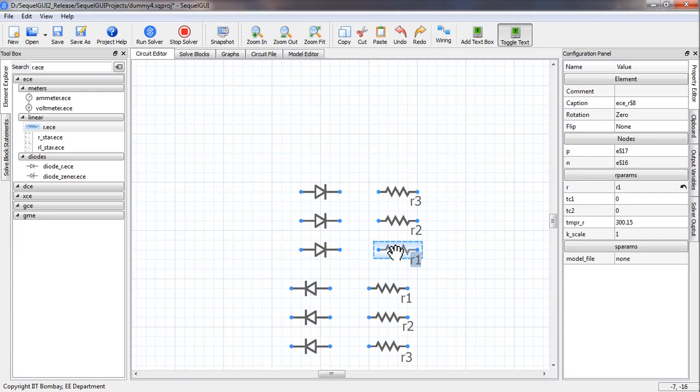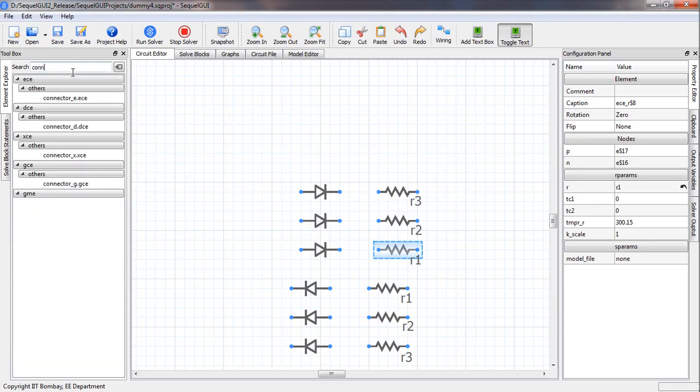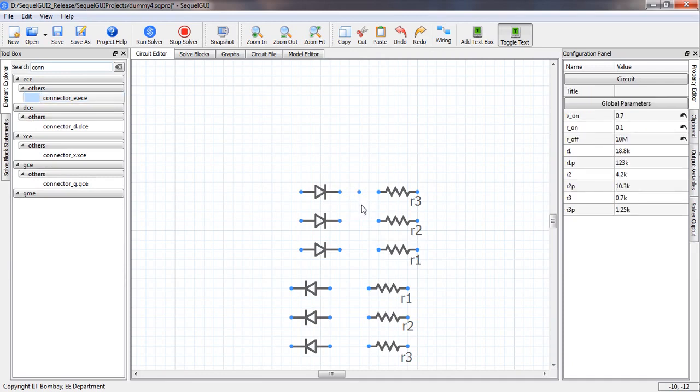Alright, now for the wiring, it turns out to be very convenient to use this element called connector underscore E to indicate electrical connector, and we can place it over there like that. It's a dummy element and it's used only for wiring purposes. It doesn't have any physical properties.